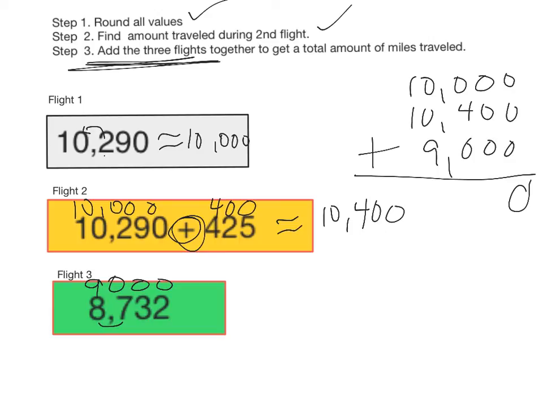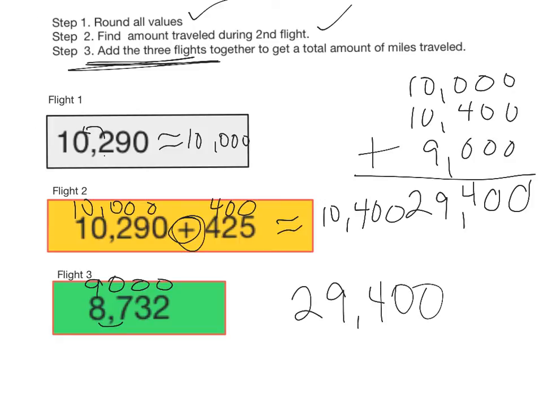My 1s is 0. My 10s will be 0. My 100s is only 4. My 1000s is 9, and my 10,000s is 20. So, my answer is about 29,400.